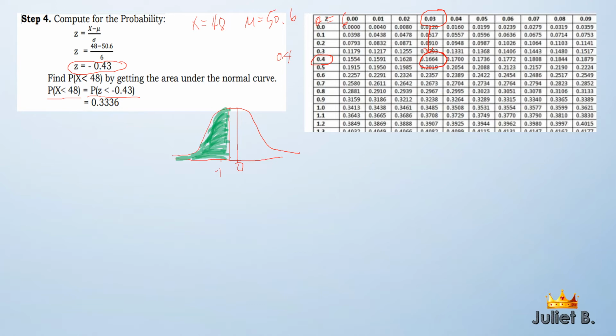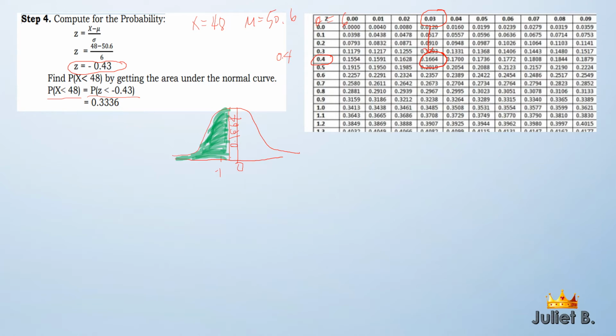And we have 0.1664. Ang nakuha natin na yan ay ito. Itong part na to. 0.1664. Yan yung area na yan kung nasaan yung 0.1664. Ang kailangan natin ay yung area na nasa left ni 0.1664.